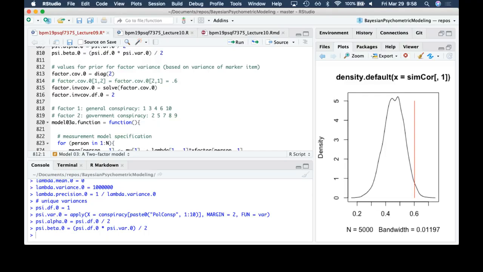Scale identification means we have to, for the factor means let's just set the mean to 0. That seems pretty customary. That's a straightforward extension of how we did the marker item variance last time. For the variances, though, variance covariance matrix, we may want to start with the correlation matrix, right? Wouldn't that be something? However, correlation matrices are nearly impossible in JAGS to get to work.